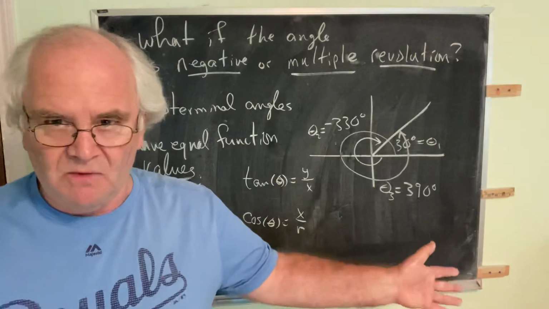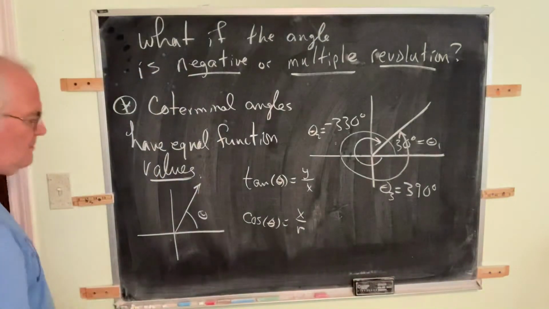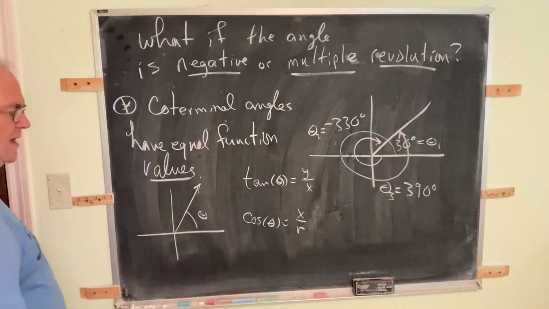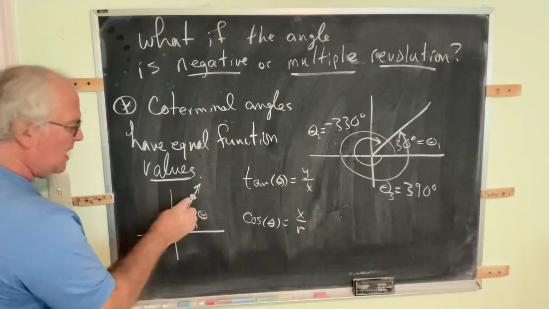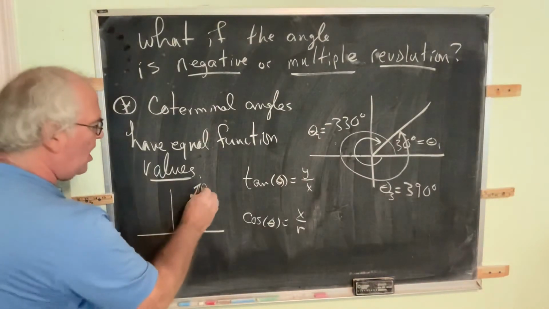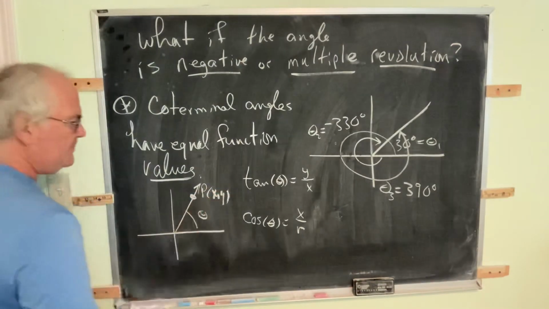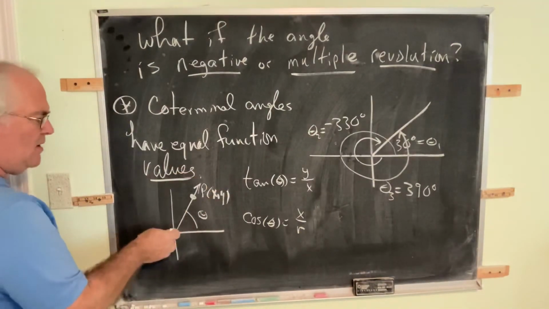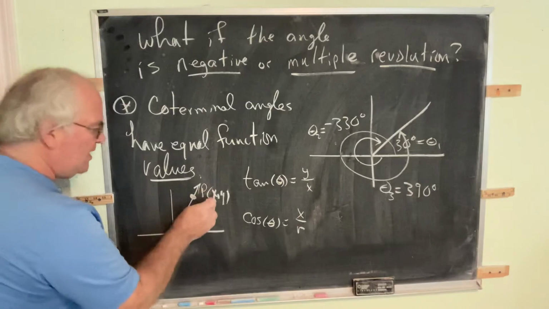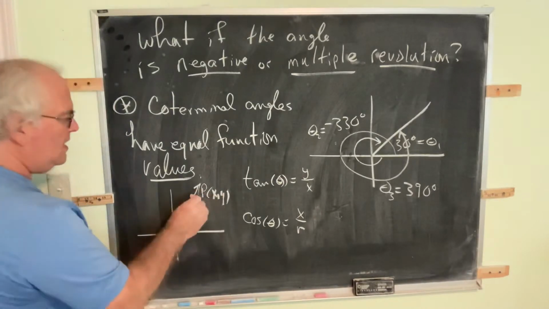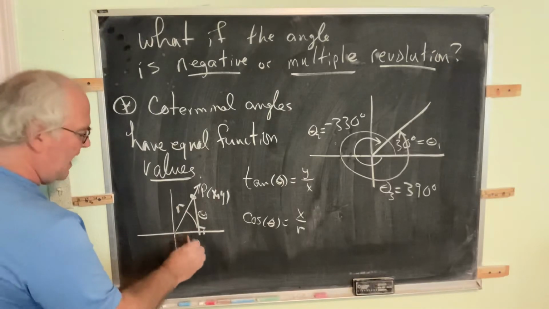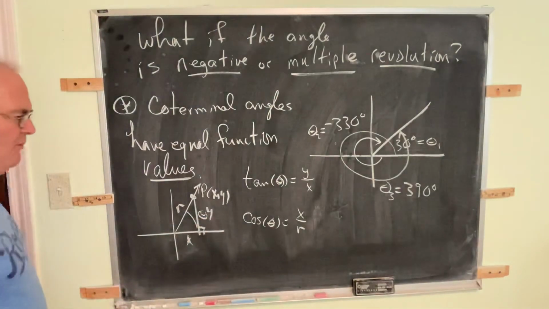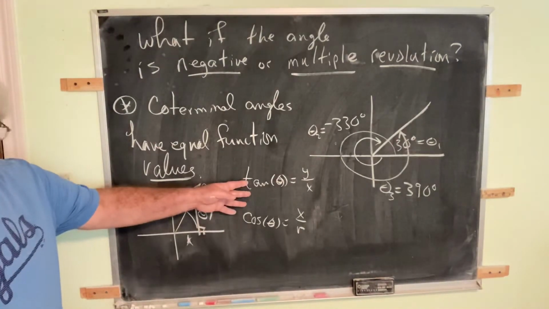The same argument would hold. So this is theta. If I choose any point on this terminal side, call it x comma y, from that value x, that value y, you drop the perpendicular, you determine the value of r. This is now x, this is now y, and we're off to the races finding our values.